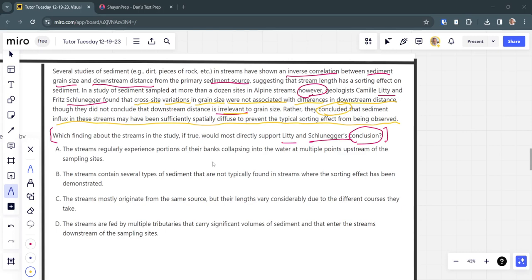The streams regularly experience portions of their banks collapsing into the water at multiple points upstream of the sampling sites. That might kind of support what we're trying to find here.